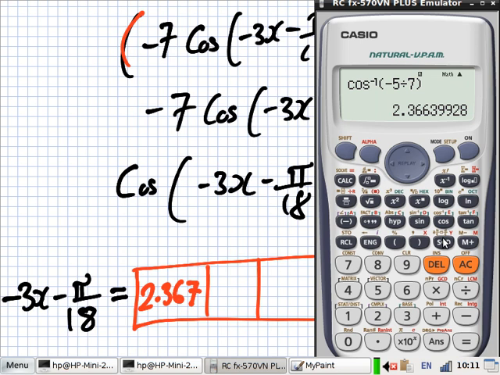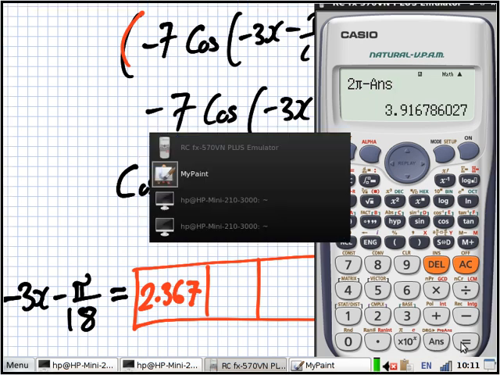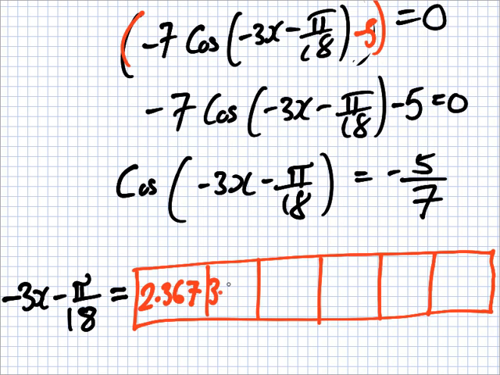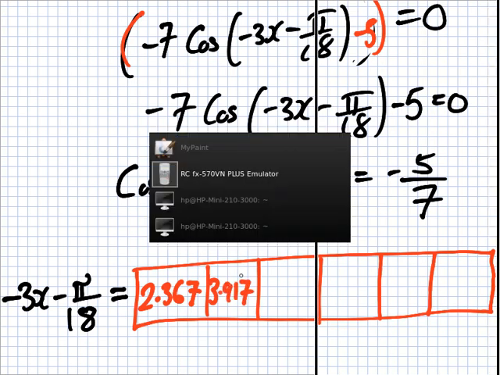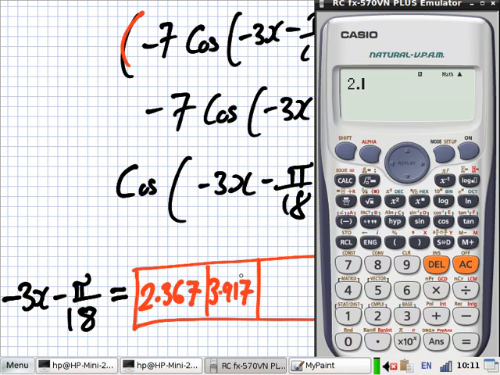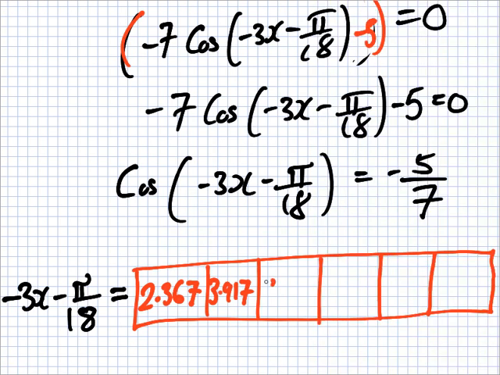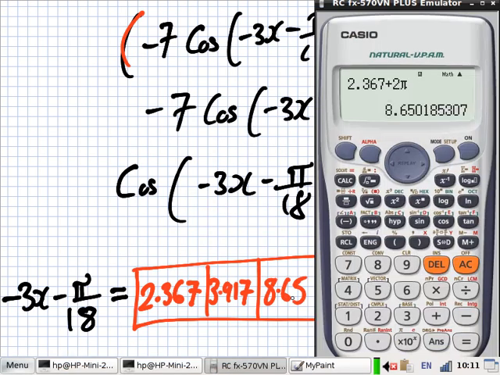Yeah, 2 pi minus the first. 3.917. Okay. Yeah, how do I get the next answer? Well, I get the next answer by adding 2 pi. So that's 8.65. And then I get the next one again by adding another 2 pi.